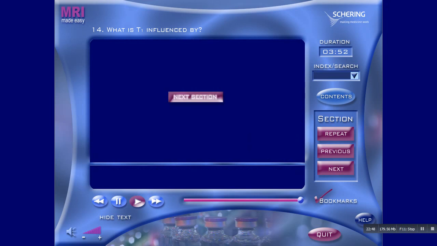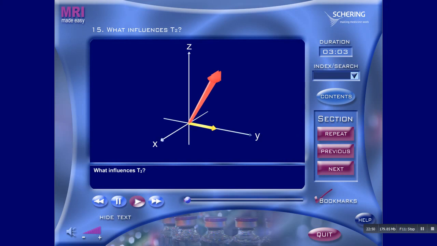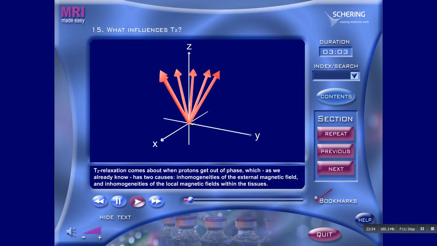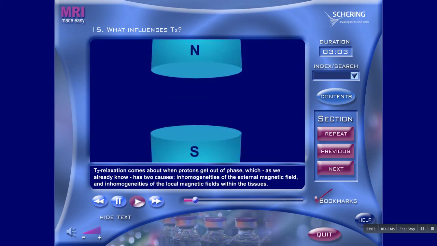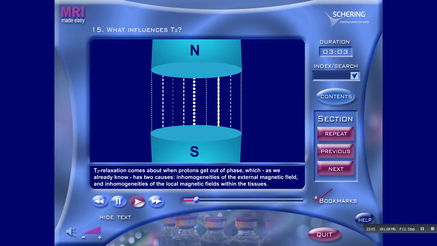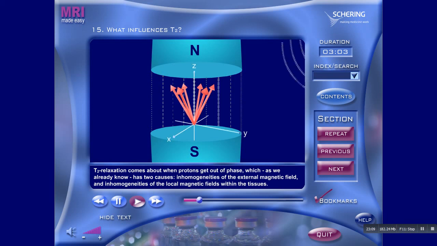What influences T2? T2 relaxation comes about when protons get out of phase, which, as we already know, has two causes: inhomogeneities of the external magnetic field and inhomogeneities of the local magnetic fields within the tissues.